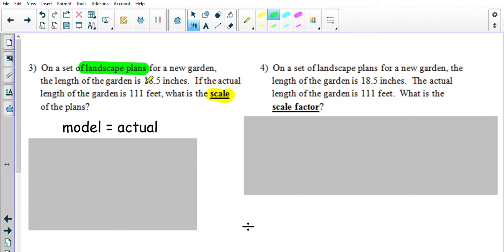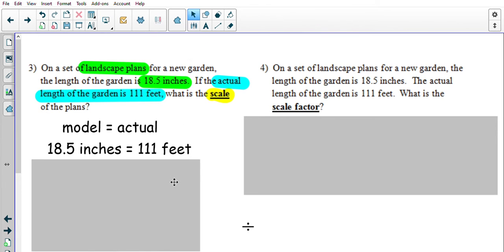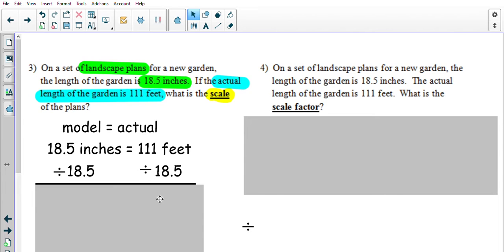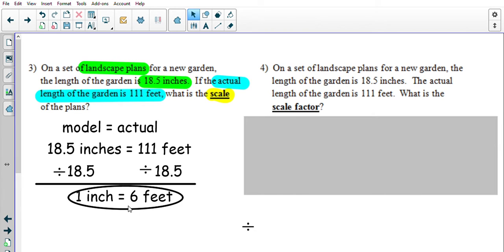The length of the garden is 18.5 inches. And then the actual length of the garden is 111 feet. So that's going to go on the right-hand side. So 18.5 inches is the model length. 111 feet is the actual length. Divide both sides by 18.5, or both numbers by 18.5, and I get a scale of 1 inch represents 6 feet.